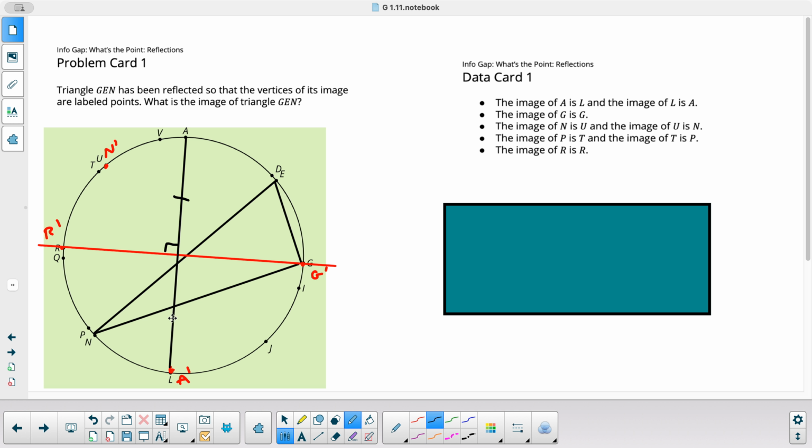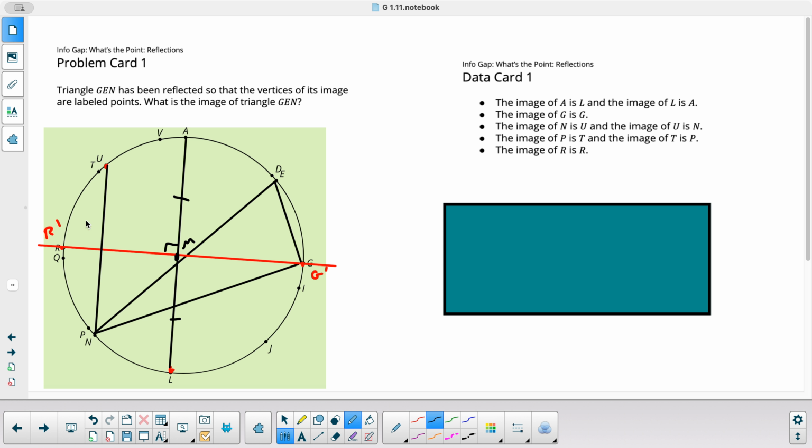You can kind of tell that these are congruent. If I put a point here, if I call this M, do I have an M on here? I don't. So AM would be congruent to ML. Okay, I'll get rid of the A prime. Same thing with the N and the U. I get rid of the N prime here, but same idea here.